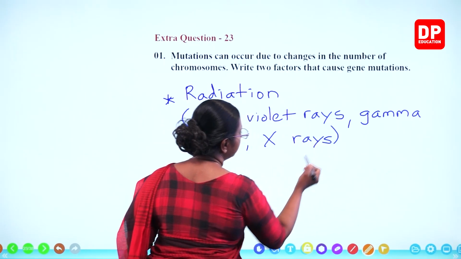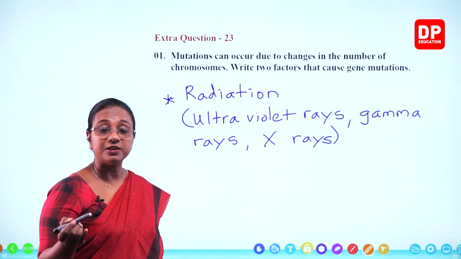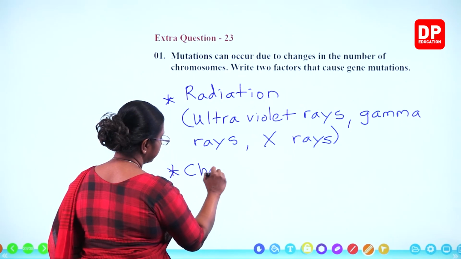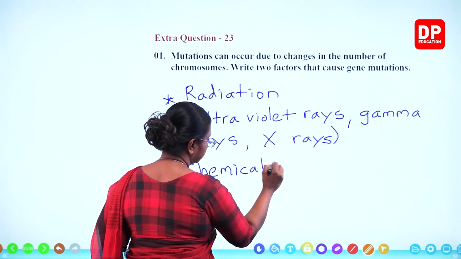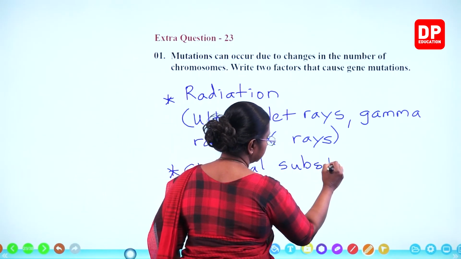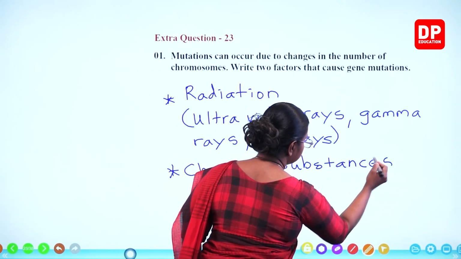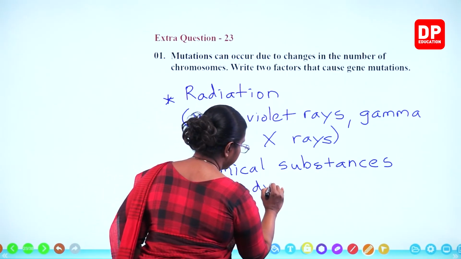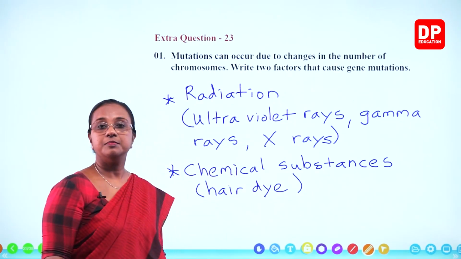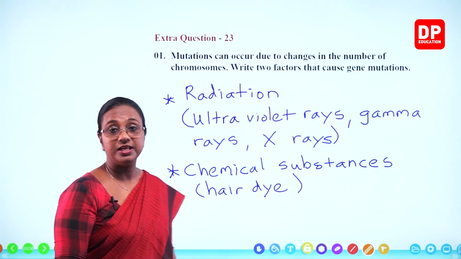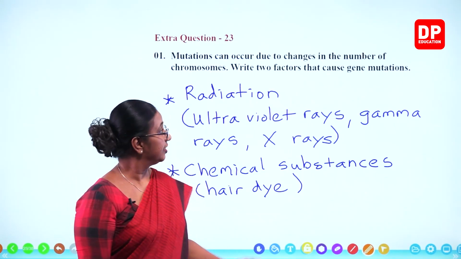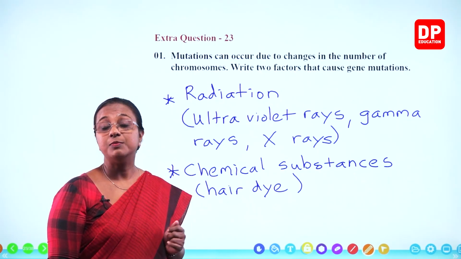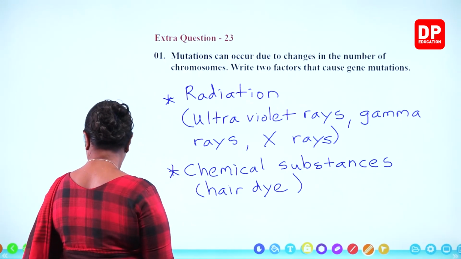These can cause gene mutation. Then there are chemical substances. So, hair dye also can cause gene mutation. So, these are things that you need to remember, students. So, factors that cause gene mutation. With that, I will move on to the next question.